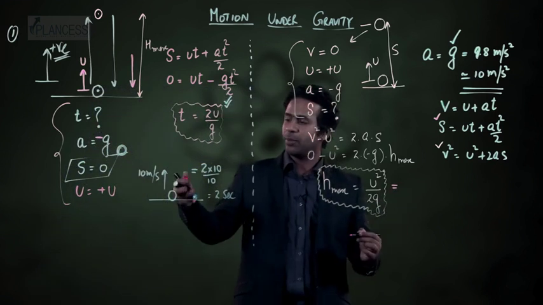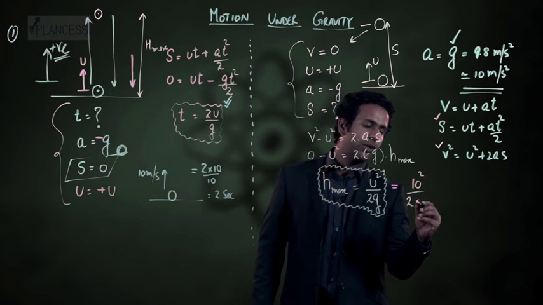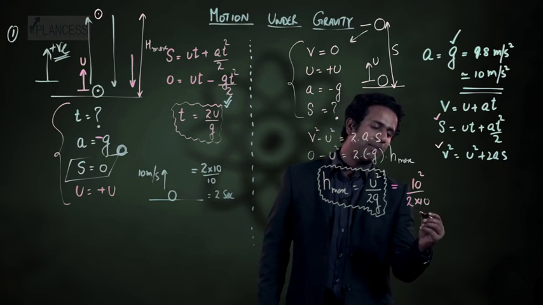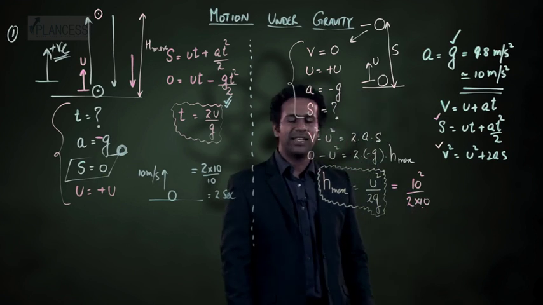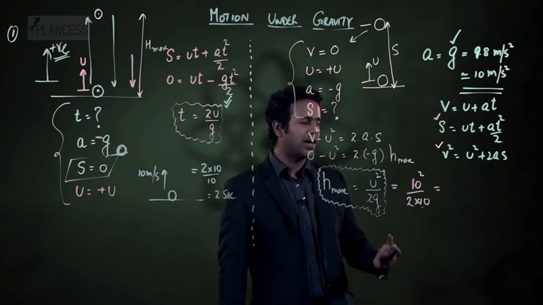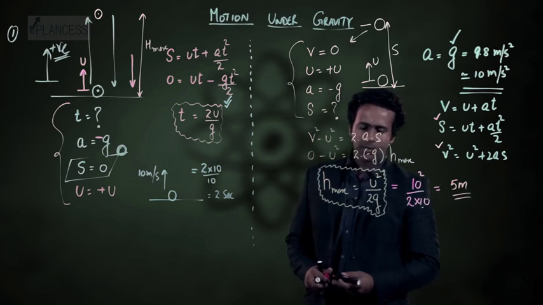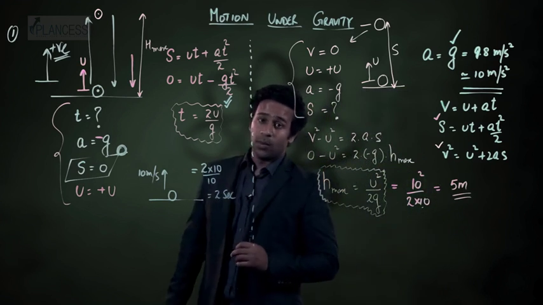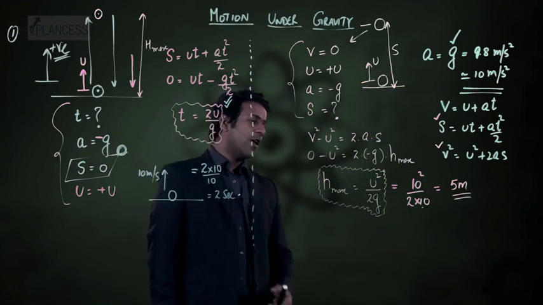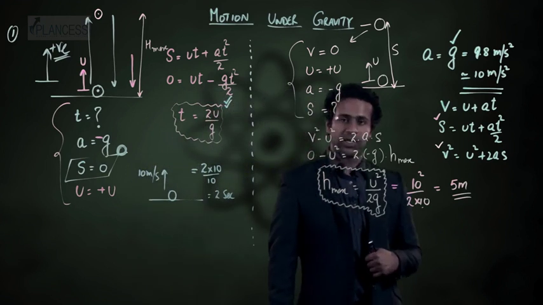U is given to be 10, so this becomes 10 squared by 2 into 10. Note that most of the time the value of gravity is taken as 10. So when you substitute values, this becomes 100 by 20, which is 5 meters. So this ball will rise to a height of 5 meters before it finally falls back to ground.